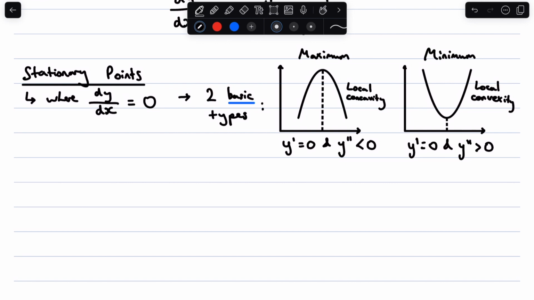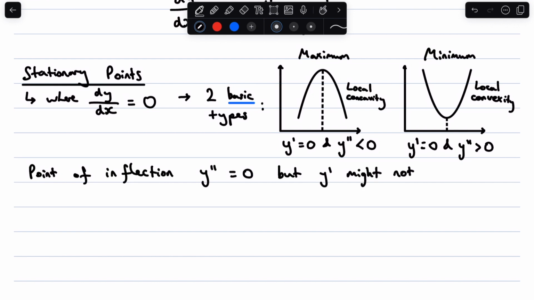Another interesting point is the point of inflection, and this is where our y double prime equals 0, but y prime might not equal 0. So for our points of inflection, we'll have two main cases.